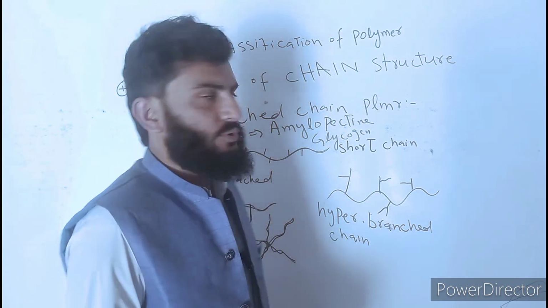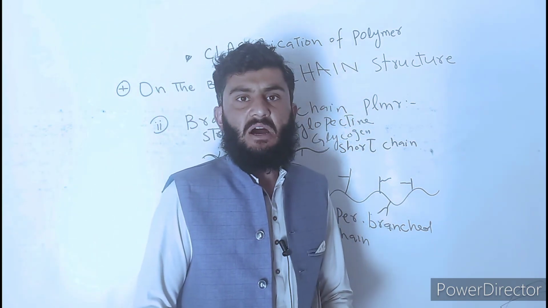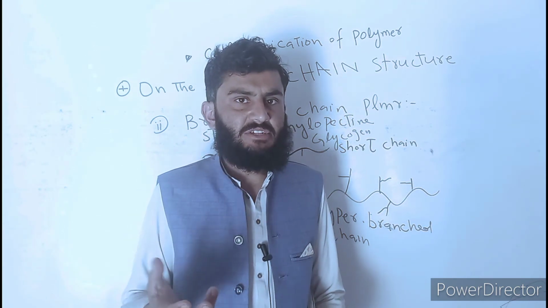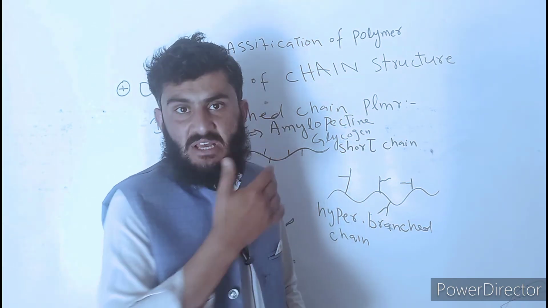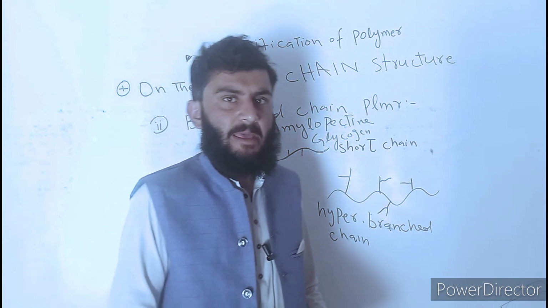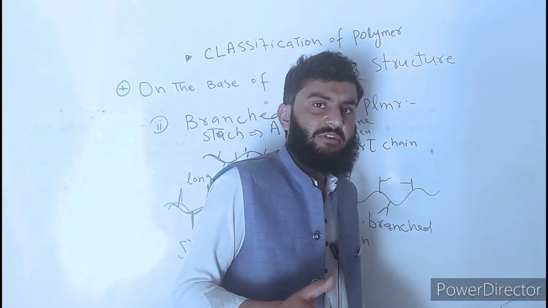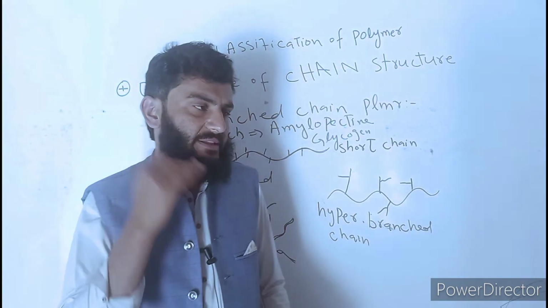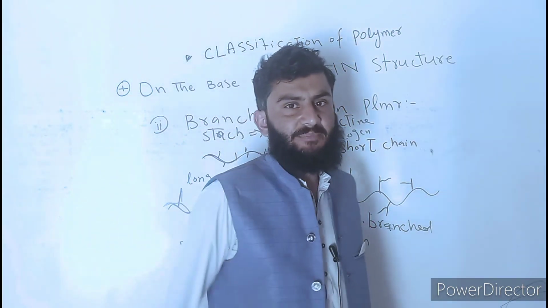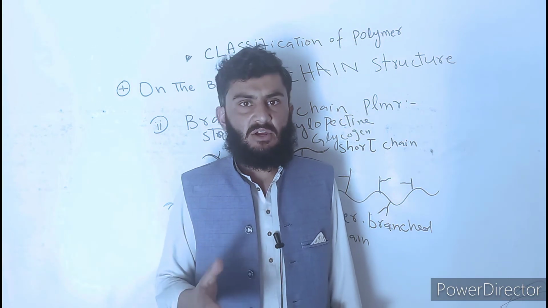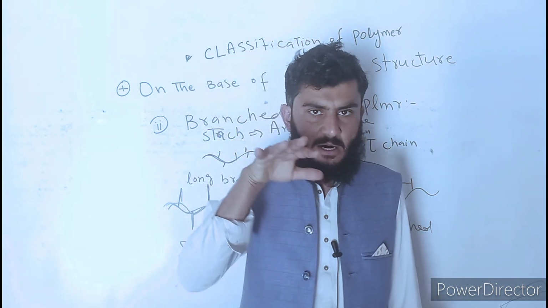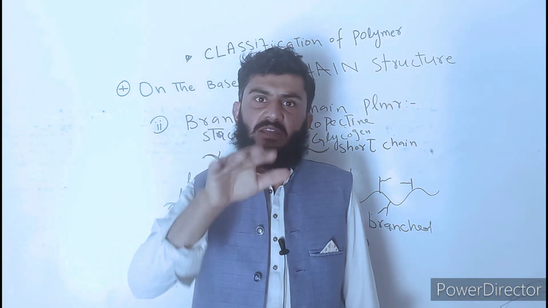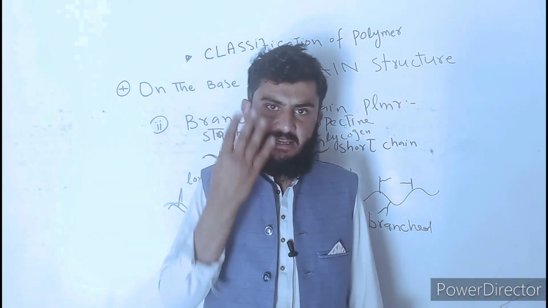Clear? You can see the structure of glycogen or amylopectin, where glucose is arranged in a branched way and also in a linear way. If you see the structure of cellulose, the glucose is arranged linearly, where the glucose polymer chain is arranged in a linear manner.